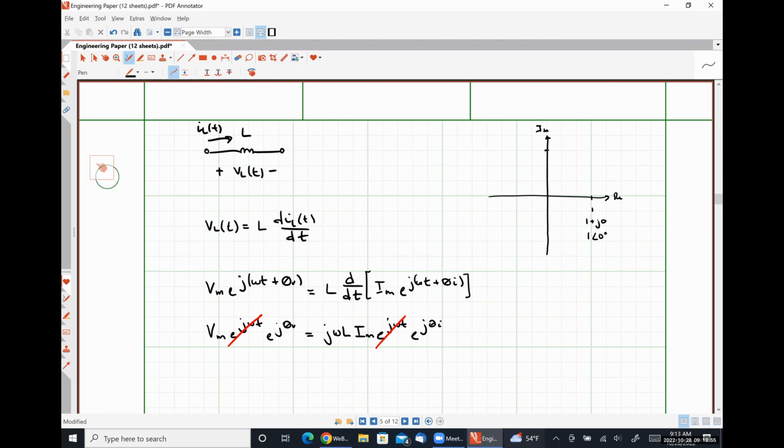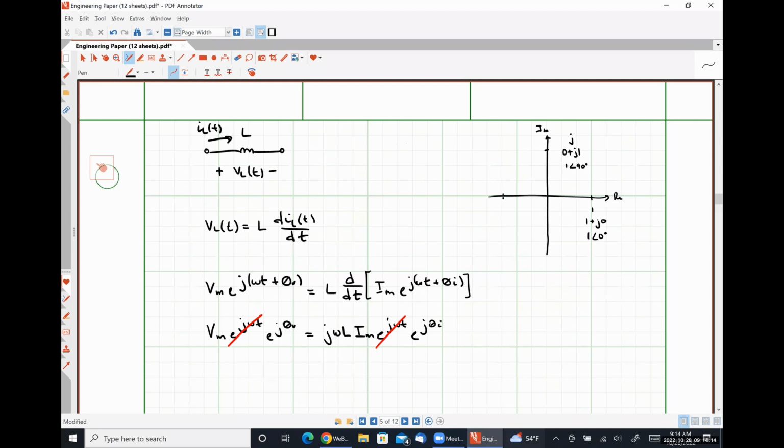If I go out 1 unit in the imaginary direction, I'm at j, or 0 plus j1, or 1 angle 90 degrees.